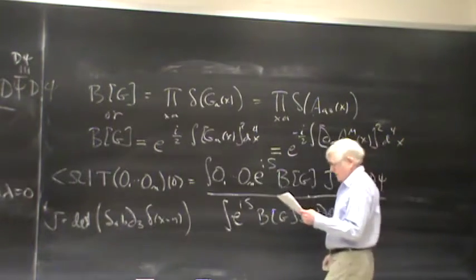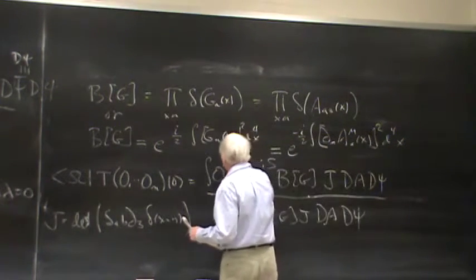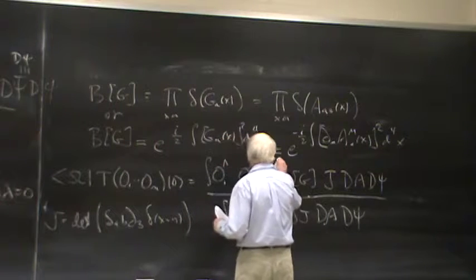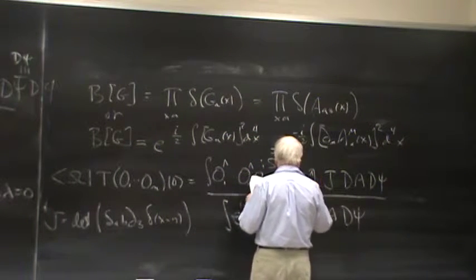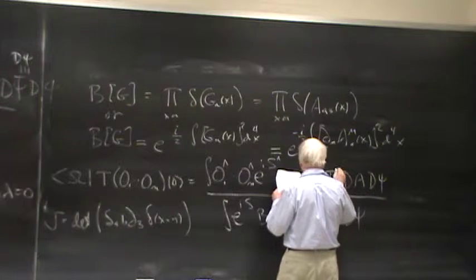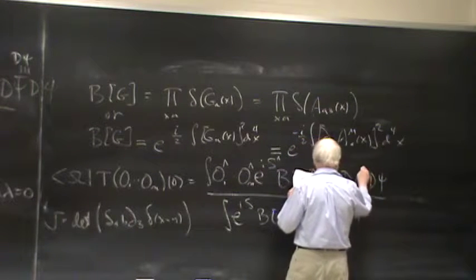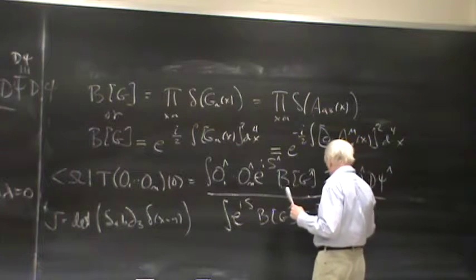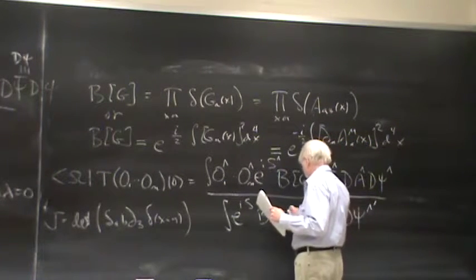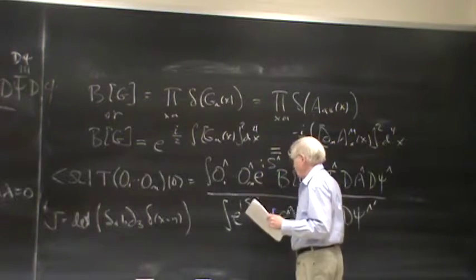And what happens? We would get B of G lambda, J lambda, A lambda, psi lambda, and this one could be lambda prime, and so on.